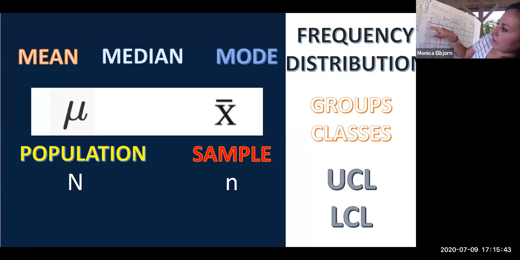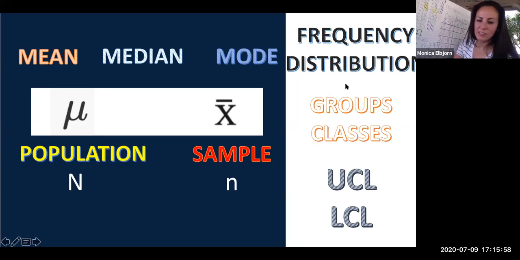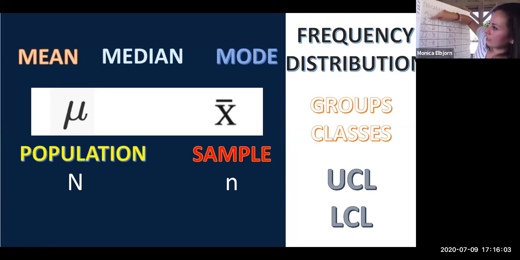So what was our class width on this one? The class width is the difference between the two lower class limits.